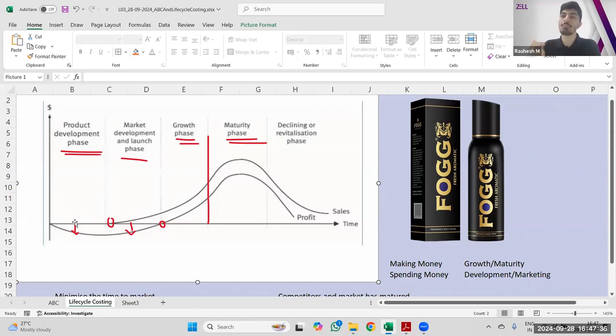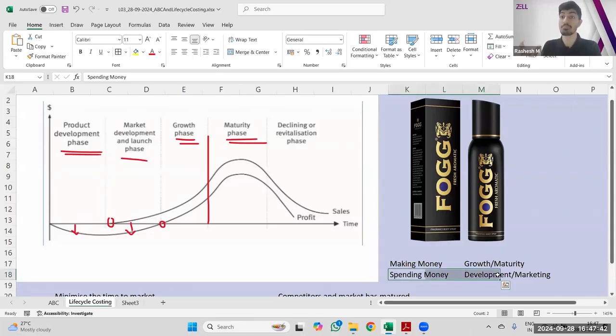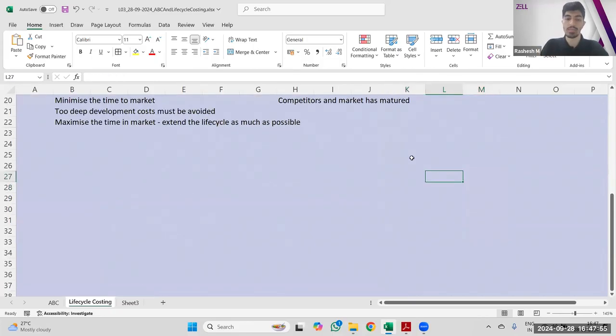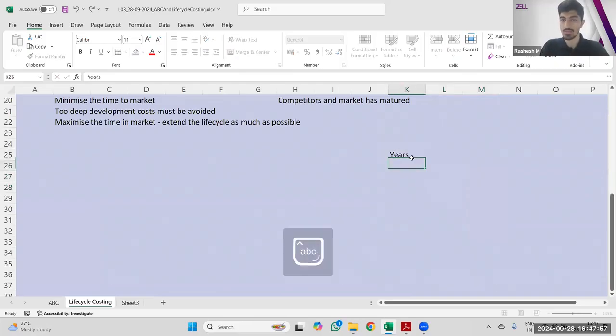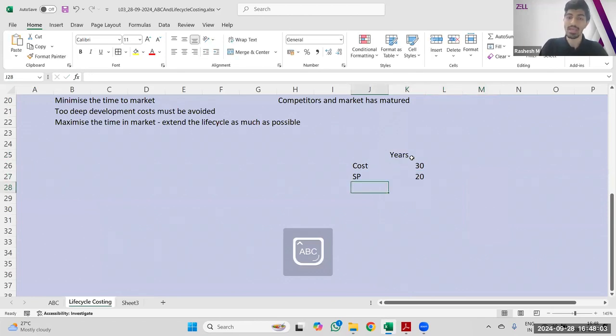Correct? So what companies tend to do is they do not base their decisions on when they are spending the money, but they try and base their decisions of costing throughout the life cycle of the product and then see, okay, what's your average cost? And then they come up with an average price, which means maybe, say, for example, in the early years, where my cost per unit comes to 30, maybe my selling price will still be 20 and I will make losses of 10.